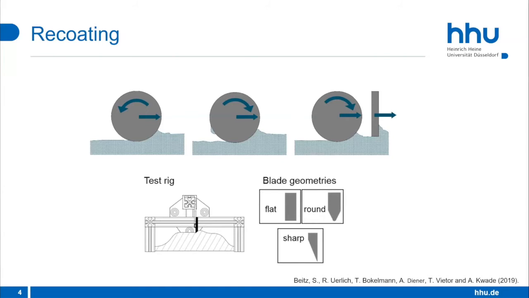And this study found that you have a smoother surface and a higher density powder bed with a flat blade geometry. And they say that this is because you have a larger horizontal contact zone between the powder and the blade, which allows for a more even compression of the powder bed.